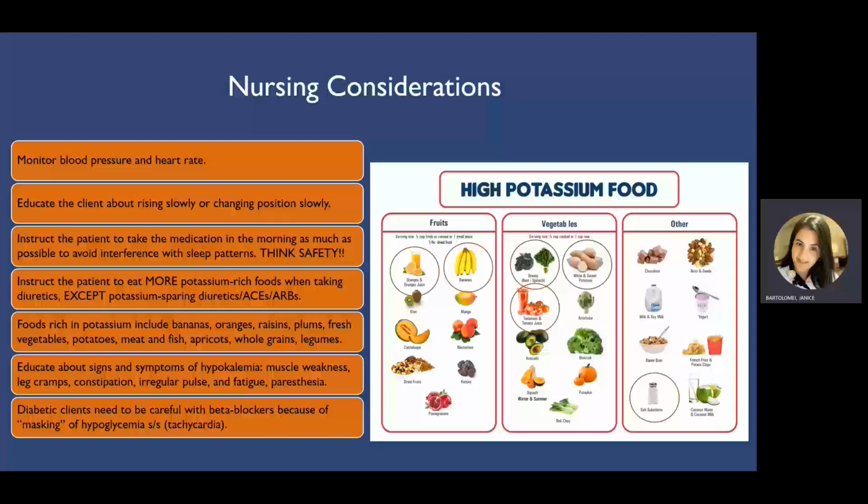Also, when we look at diabetics and beta blockers, I'll say it again, we got to watch out for their heart rate. And hypoglycemia, it masks the tachycardia. So they're not going to experience tachycardia. They're literally not going to have tachycardia. So you might miss that they're having a hypoglycemia event.